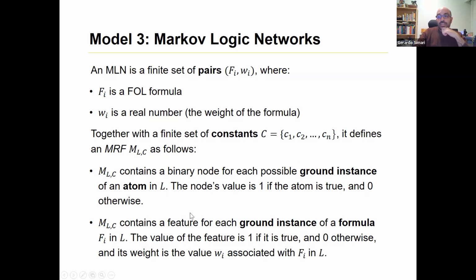The model will contain a feature, the ones that I just mentioned, for each ground instance of a formula. The value of the feature will be 1 if it's true and 0 otherwise, and the weight will be directly the weight that I'm giving it here.